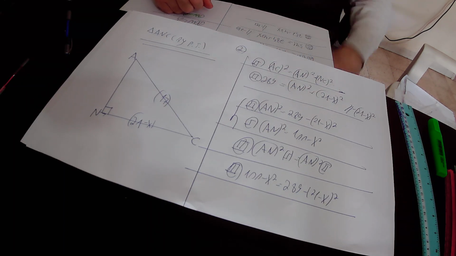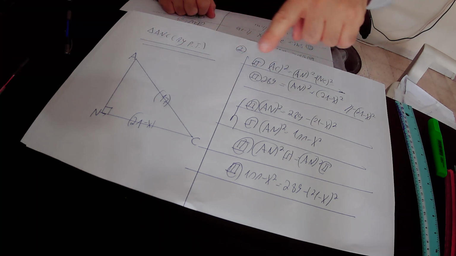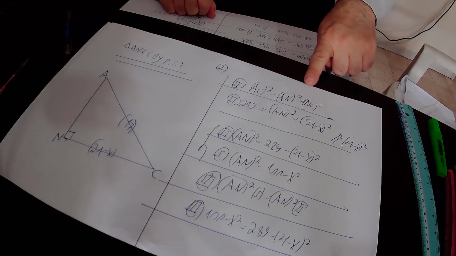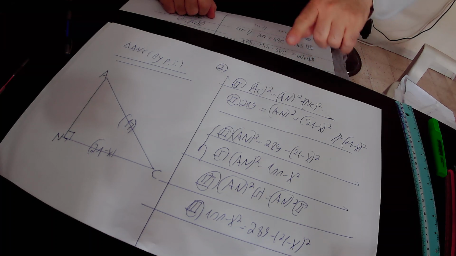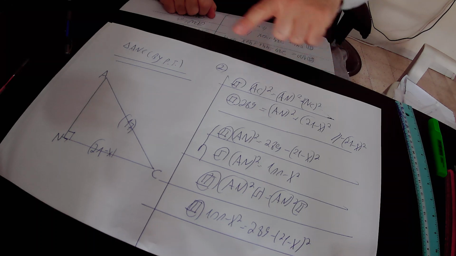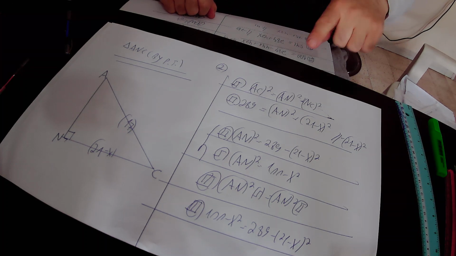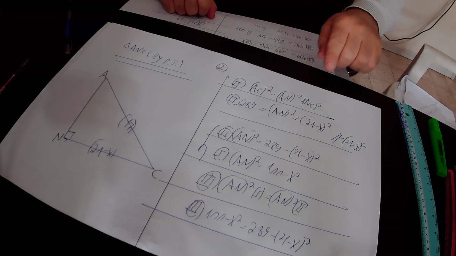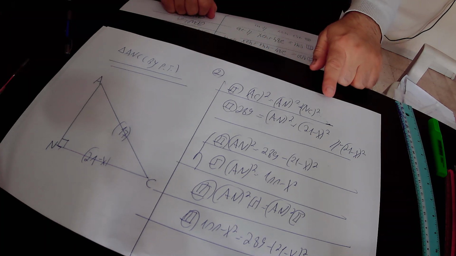According to the Pythagoras theorem, in this right triangle ANC, AC squared equals AN squared plus NC squared. Again, AC squared equals AN squared plus NC squared. So AC is 17, therefore AC squared is 17 squared, that is 289, and it equals AN squared. AN is the missing side, so we leave it as it is, plus NC squared. NC is 21 minus x, therefore NC squared is (21 minus x) squared.